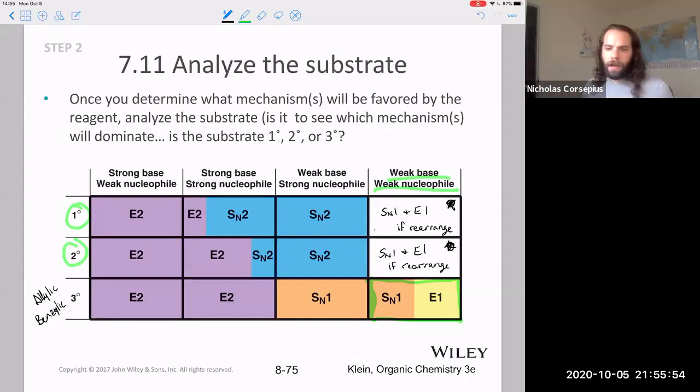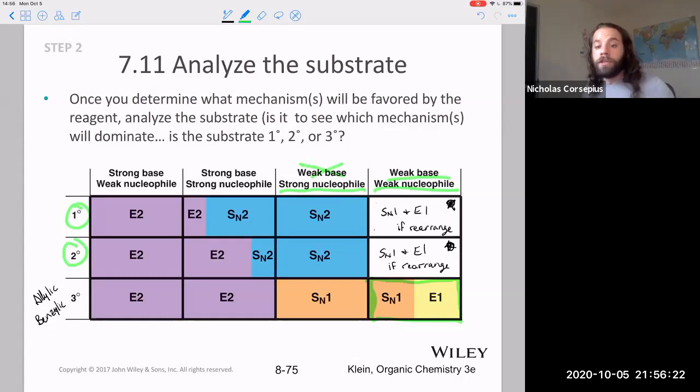So again, I'm trying to warn you about that. That's, I think, the hardest to see. It's really easy to spot a tertiary alkyl halide. It's a little bit harder to spot one that will rearrange itself to form a tertiary carbocation, okay? But under those conditions, with weak base and weak nucleophile, you're going to have a mixture of SN1 and E1 products. Now let's look at the next case where we have strong nucleophiles that can't behave as bases.